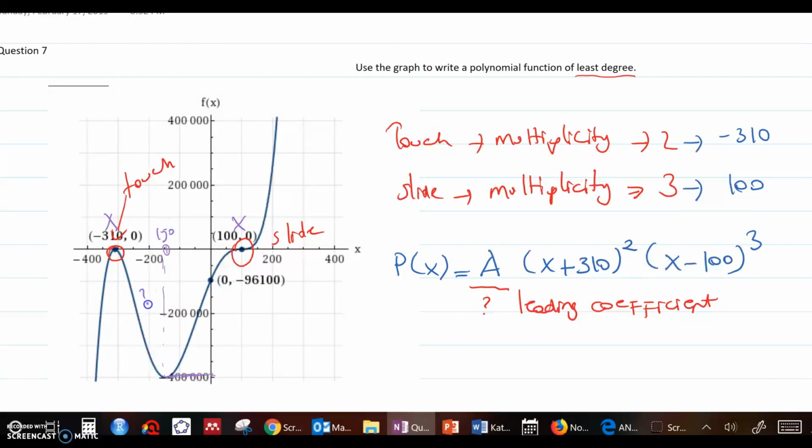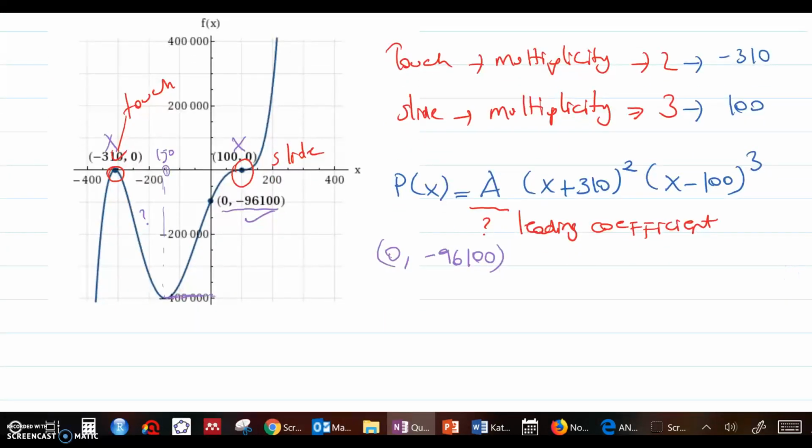But I highly doubt it, so I'm going to rather use this point to be able to figure out what a is. So if we go ahead and use the point 0, negative 96,100, meanwhile the numbers are gigantic, then we may figure out what a is.